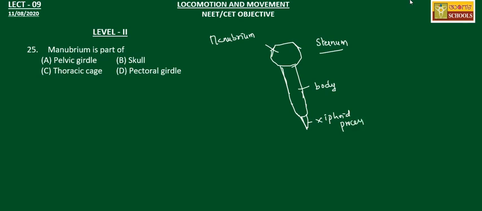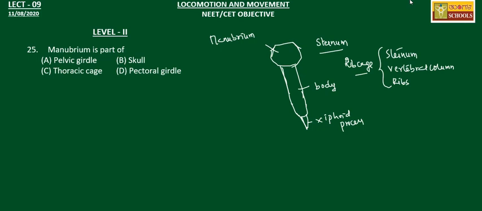We also know that the sternum, the vertebral column, and ribs, all these three together form the rib cage. You can call it the thoracic cage.